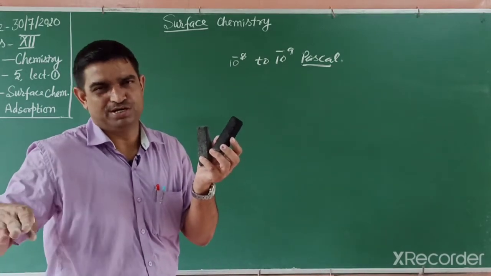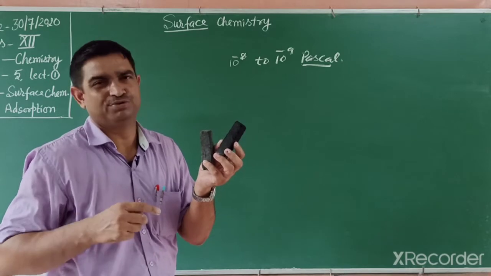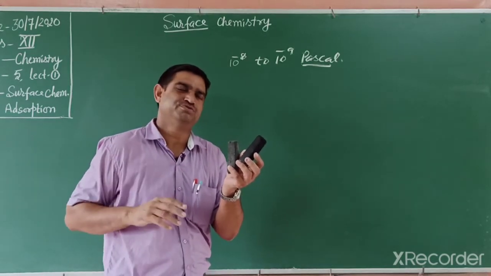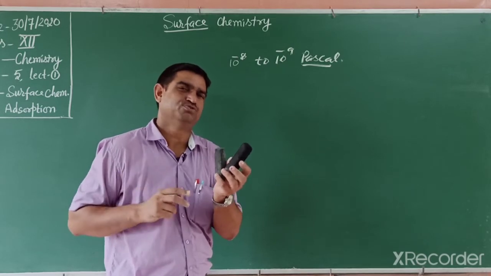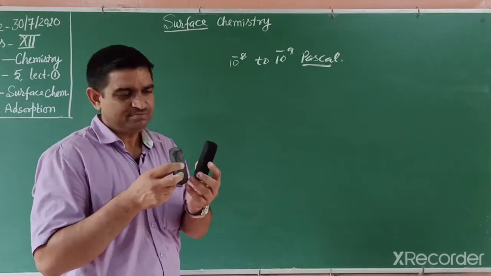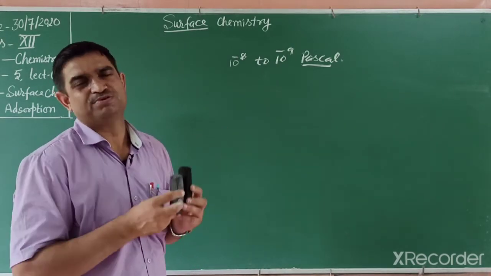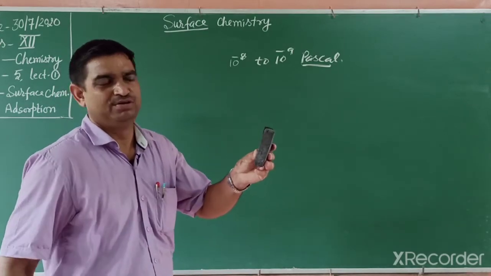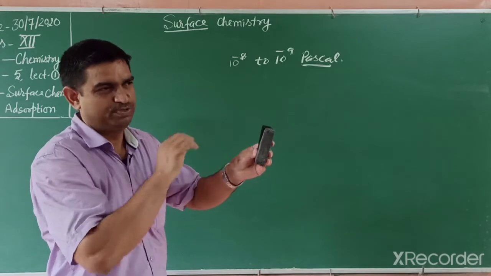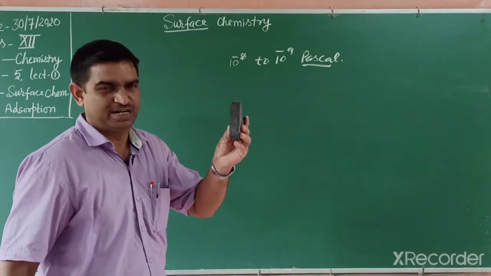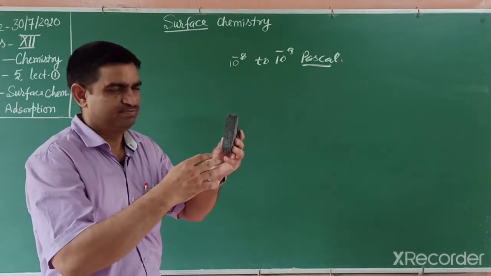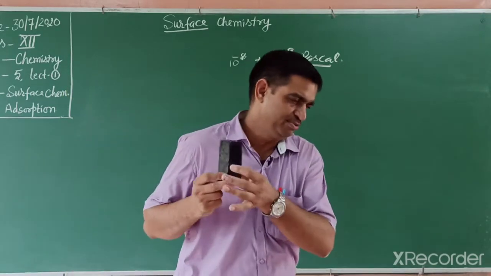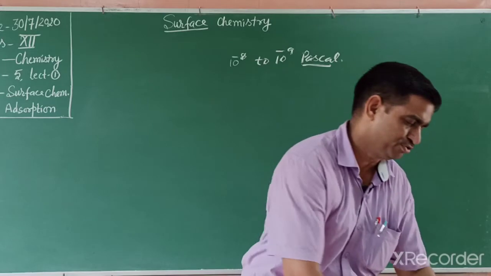Sugar cane juice is green, so how can we remove the color? The sugar is passed through charcoal, the charcoal adsorbs the color, and we get white sugar. In this way it can remove other impurities also.